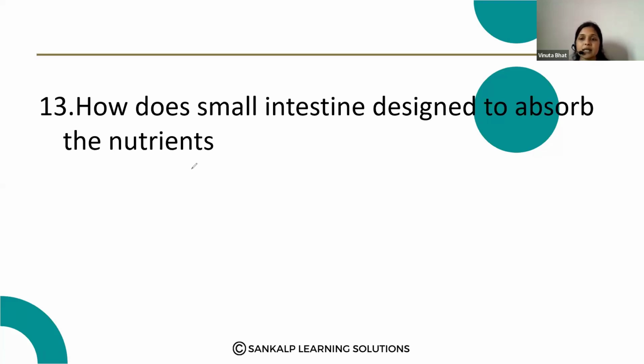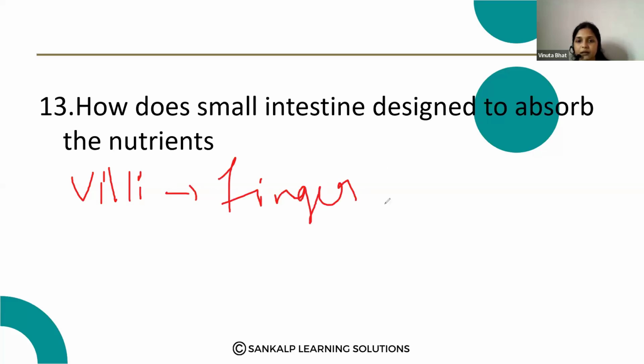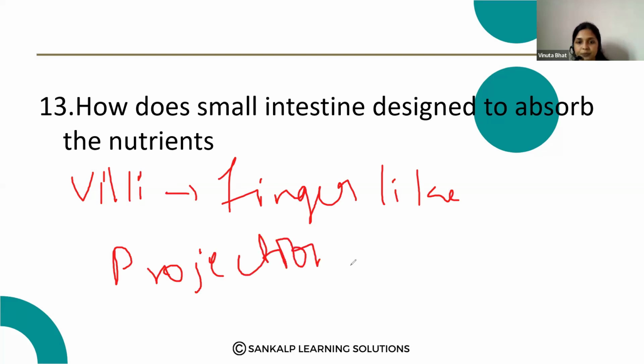The small intestine contains finger-like projections called villi.